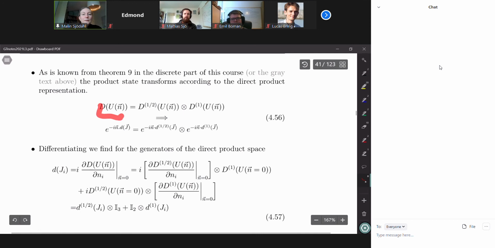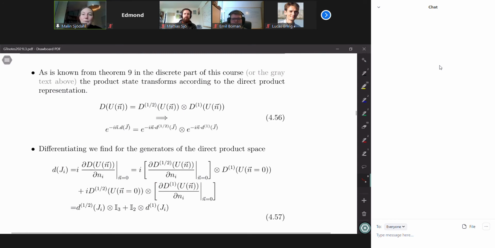So we have then this. And if we now write it down for particular representations here, D1/2 and D1, we just insert the respective form of the generator J here. So it's e to the i generators, and here we have the 1/2 representation of the generators, and here we have the 1 representation of the generators. This is then some 6 times 6 matrix.